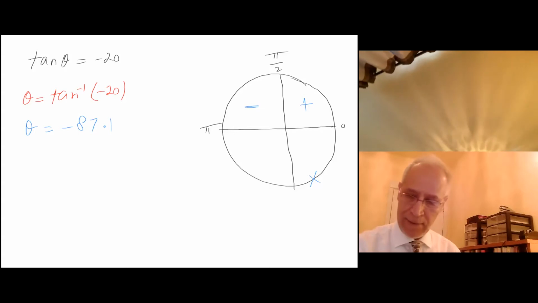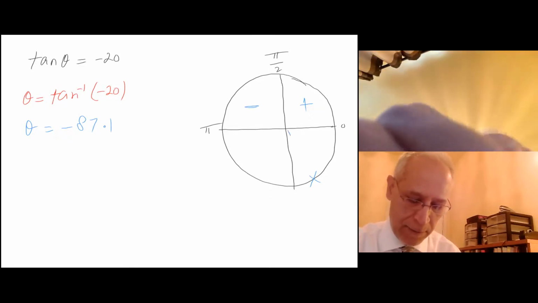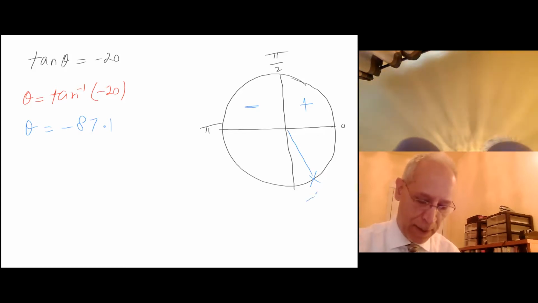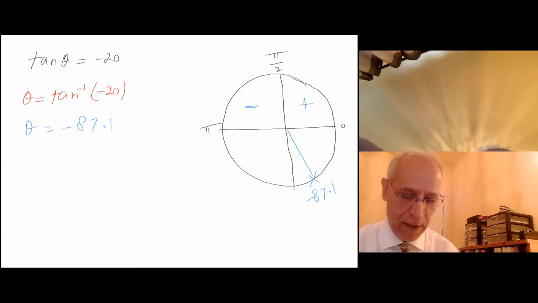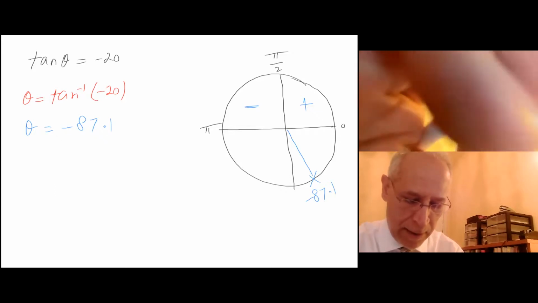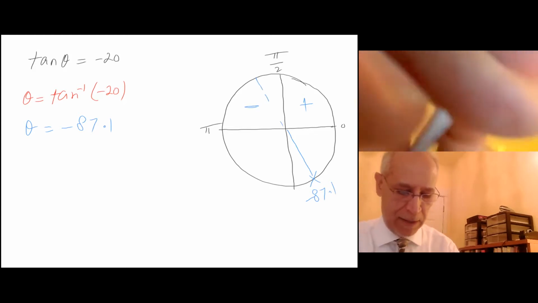So how can I find that? Let me grab a straight edge. If this is my -87.1, I know the other theta is right here somewhere, giving me the same value.